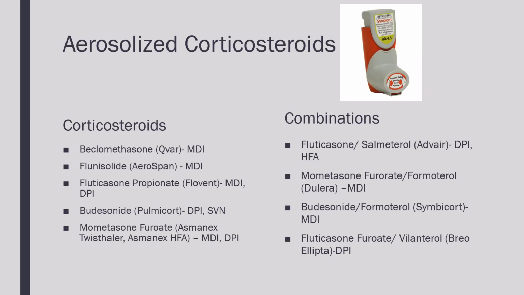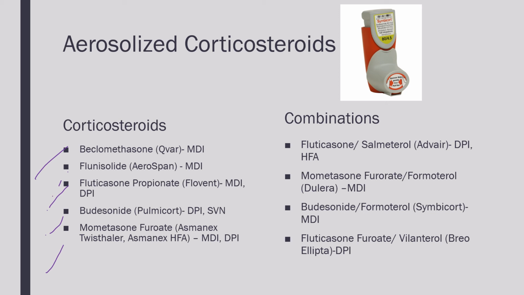All right, so let's talk about aerosolized corticosteroids. The big ones that you'll see out there are beclomethasone or QVAR, flunisolide or Aerospan, fluticasone propionate, Flovent, that's the one I've been picking on, budesonide or Pulmicort, and then mometasone, which is Asmanex, you'll see out there.